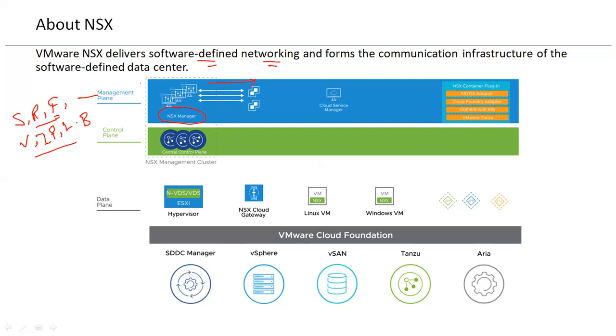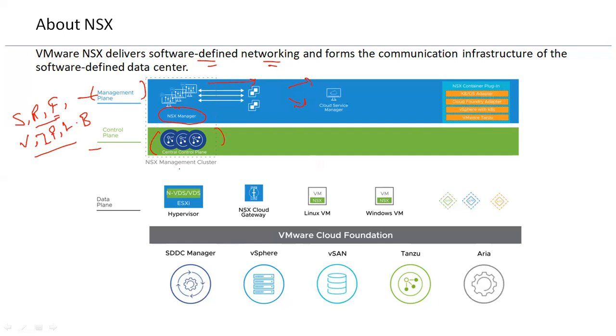Within the management plane, we have the management and policy manager, and then the control plane. The control plane takes care of all the controls and pushes the information to the local control planes of the transport nodes, where a transport node we refer to as an ESXi host or the Edge.